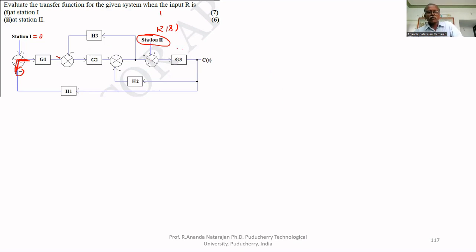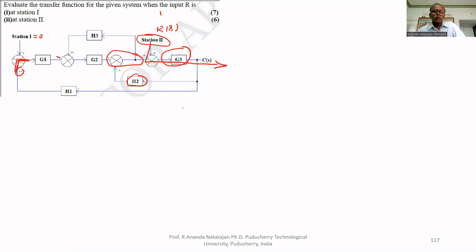This is the innermost part because this is the forward path. G3 is the innermost part. But you cannot remove this feedback H2 because there is a hurdle, a takeaway point. That's why you cannot remove this H2.